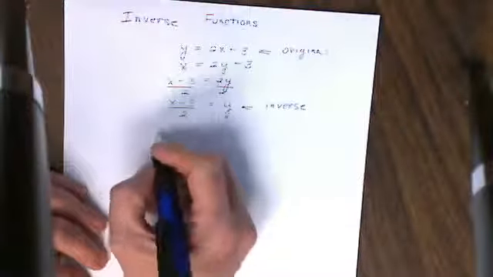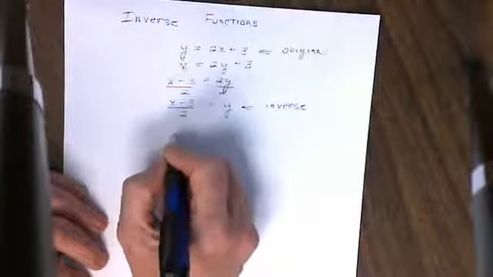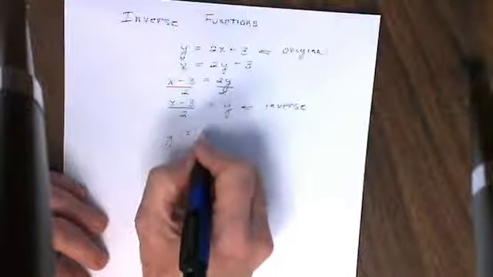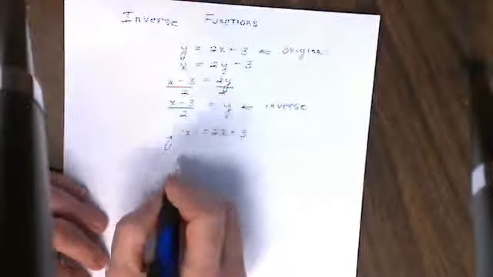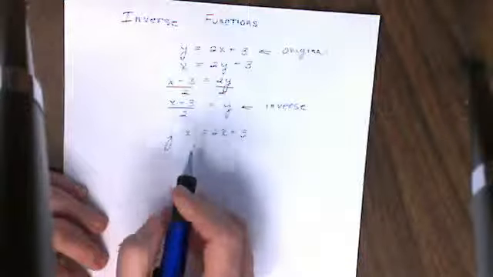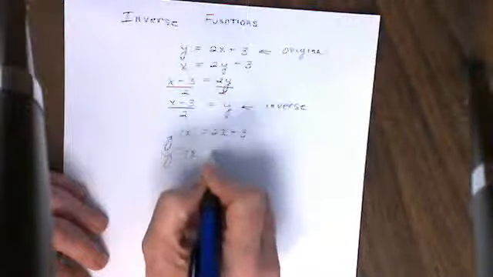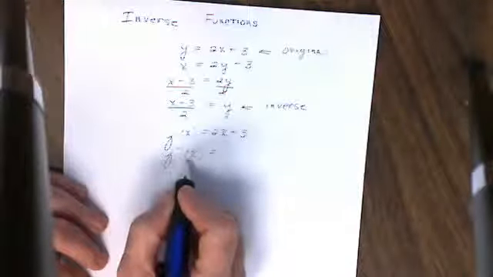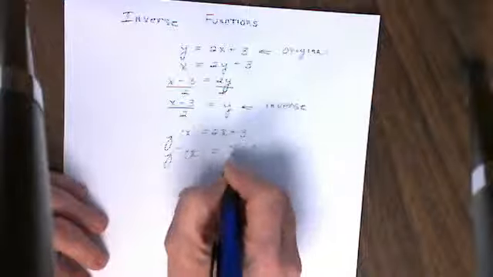Instead of saying y equals 2x plus 3, I'm going to say f of x is equal to 2x plus 3. And instead of saying y is equal to x minus 3 divided by 2, I'm going to write f inverse of x is equal to x minus 3 divided by 2, as you may remember from pre-calculus class.